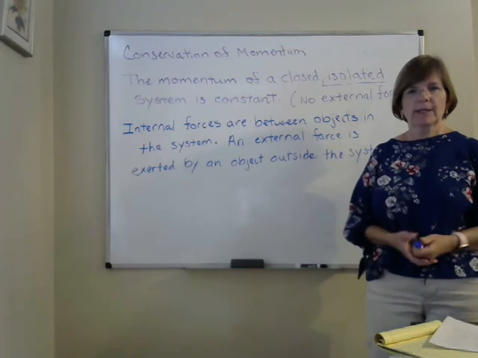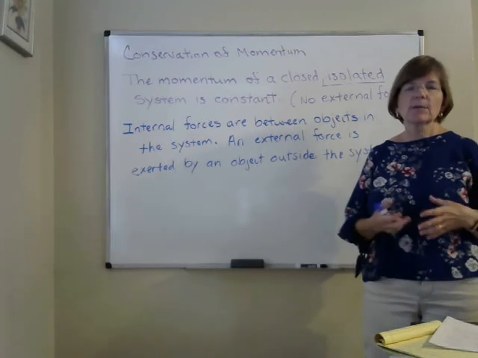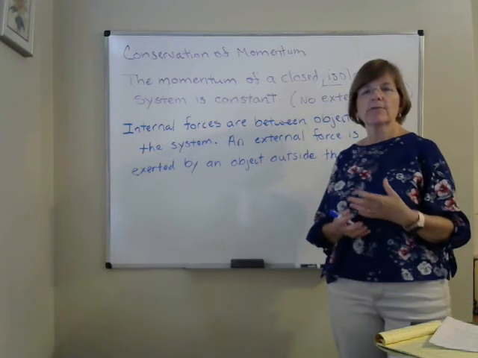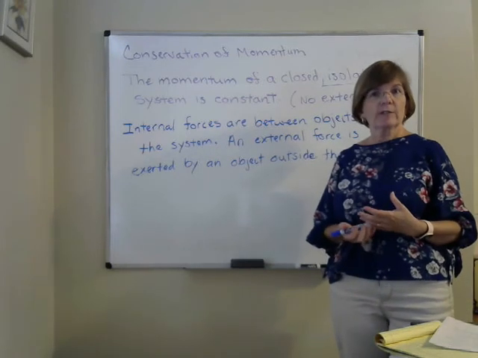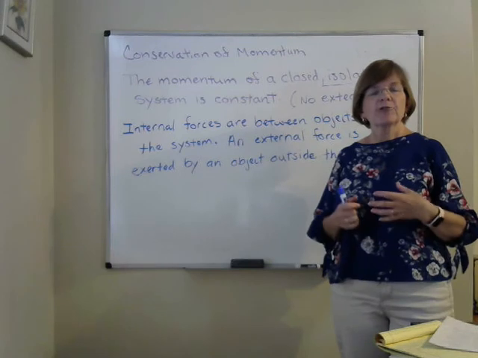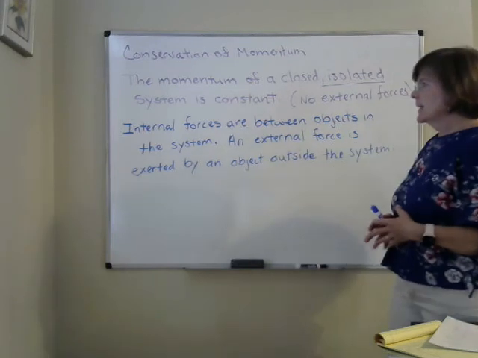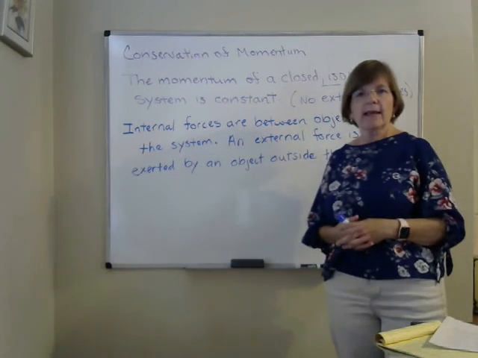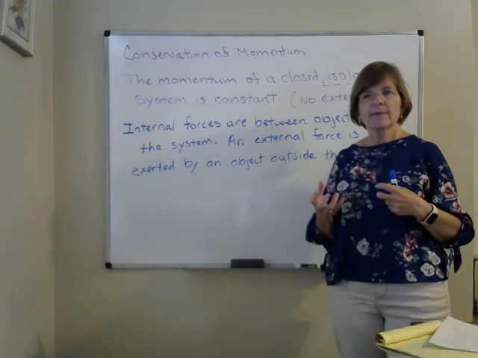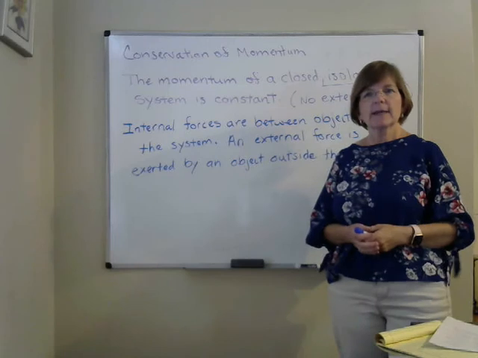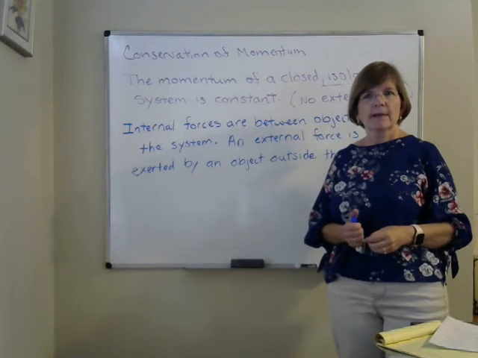Momentum would still be conserved. So it's really important when you look at problems that involve conservation, like conservation of momentum, that you have a well-defined system. Okay? If you have two objects and they interact with each other, if they're part of the system, that does not change the momentum.